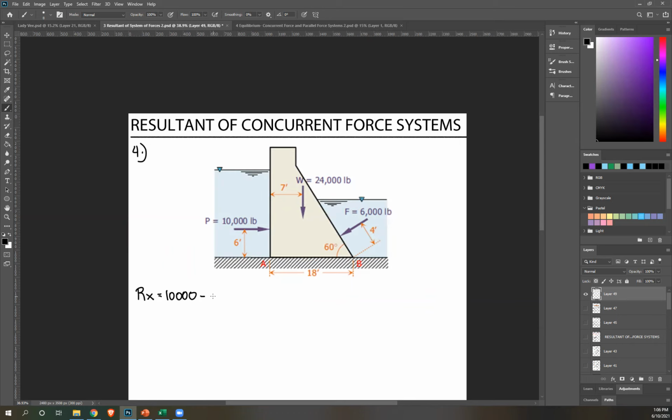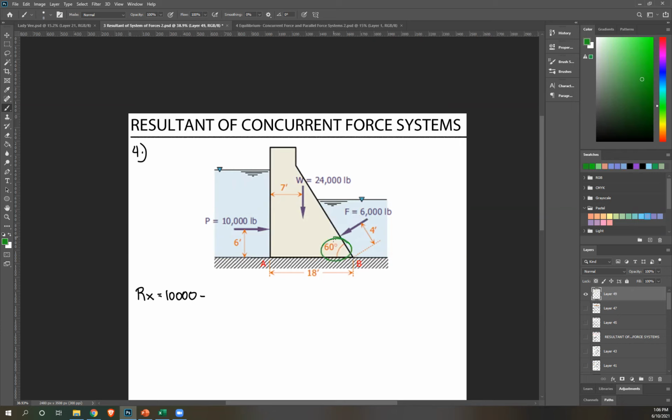Now I need to get its X component. As you can see, we have this angle here, so I need to transfer that to this force. Remember what I said earlier? When you have two intersecting lines, its slope is the reverse.